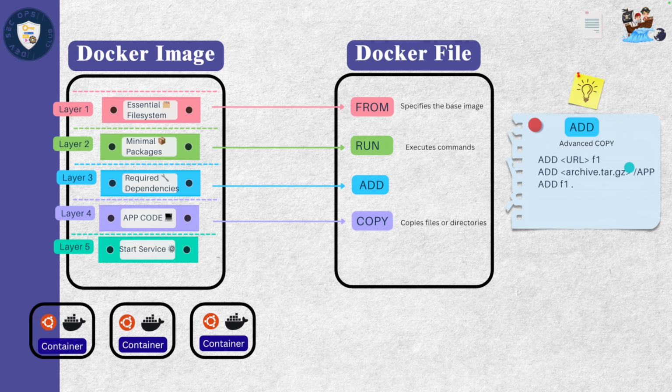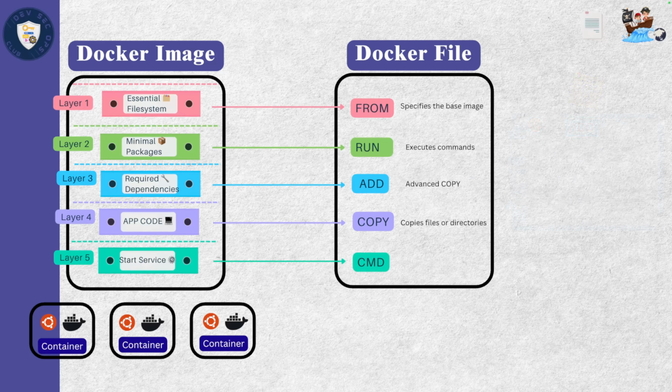Or if you have a tar file you want to extract, you could use this one. Or simply if you want to copy a file from the local system, you could use it like this. This is the way you could use the ADD command, which is really powerful and provides more functionality to copy. So I would say it's an advanced copy command.